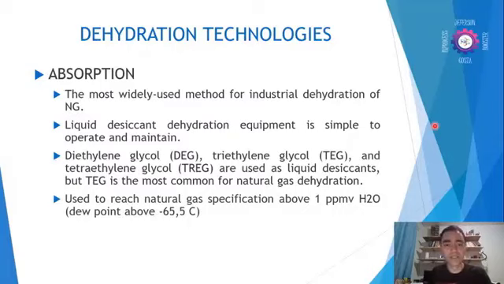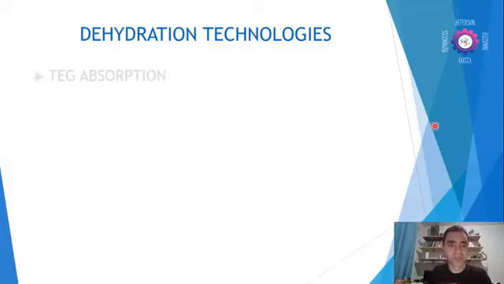And using the absorption technology, we can reach dew points down to minus 55 Celsius degrees. So as my process is minus 39 Celsius degrees, it is higher than minus 55, so it's okay for my process.